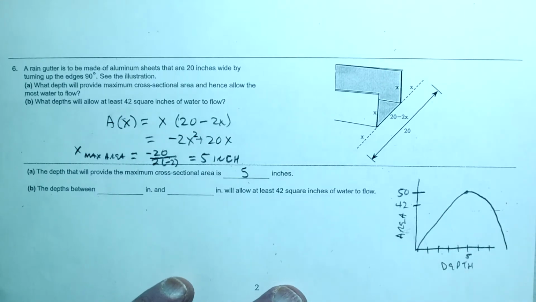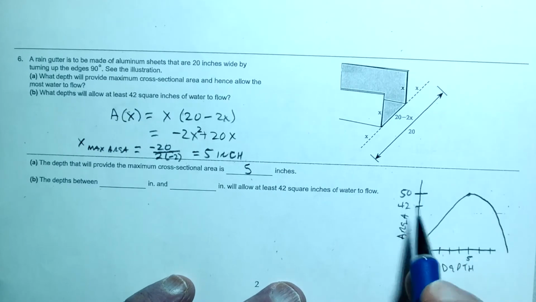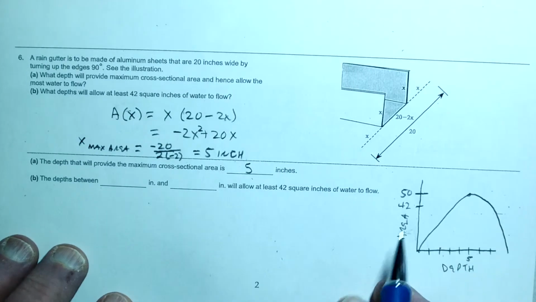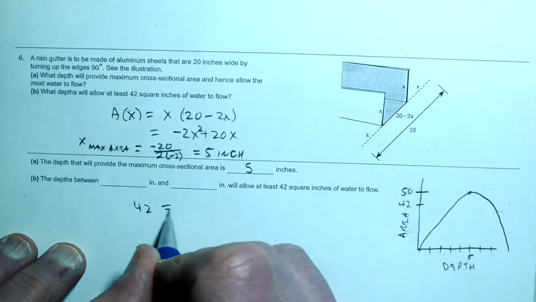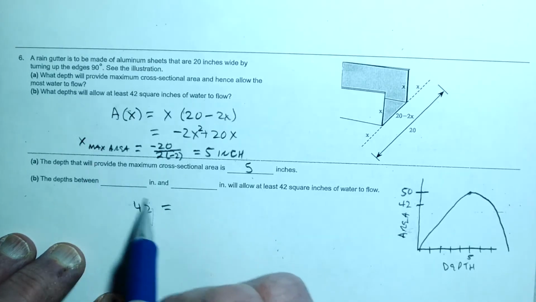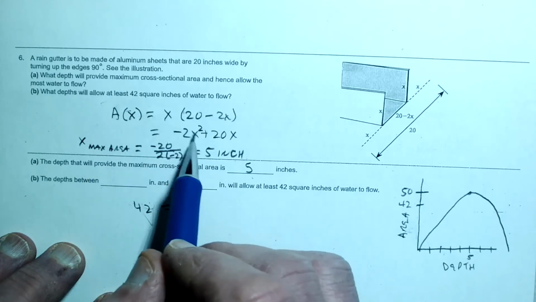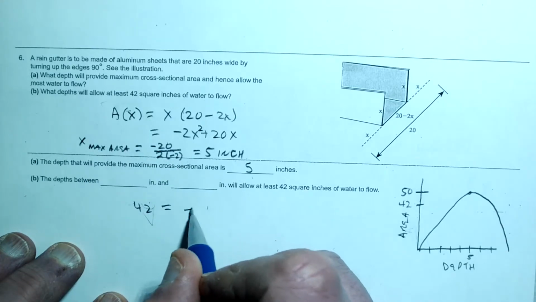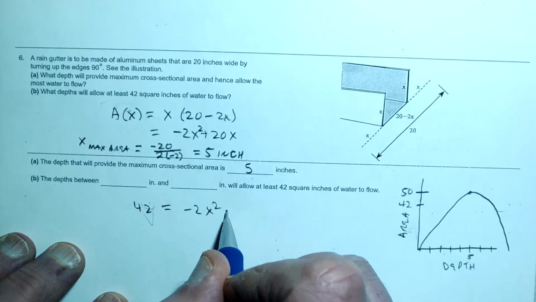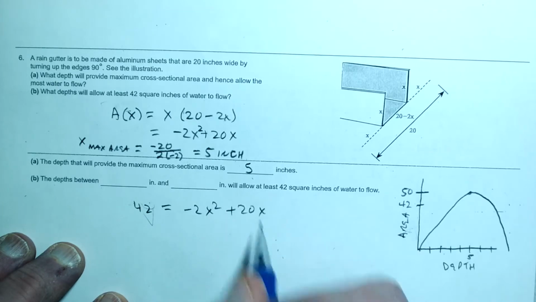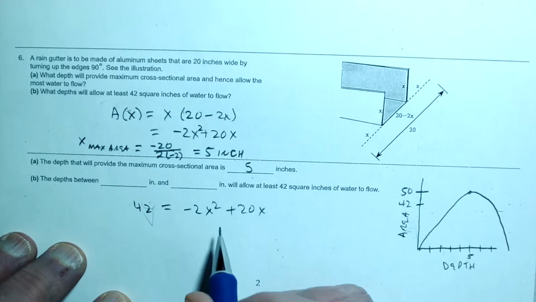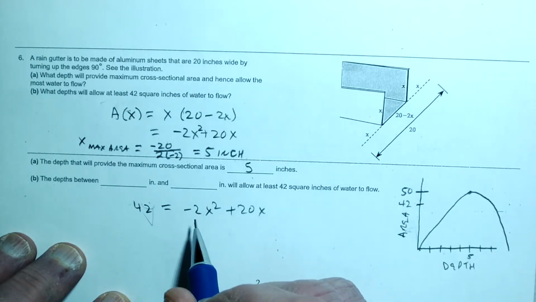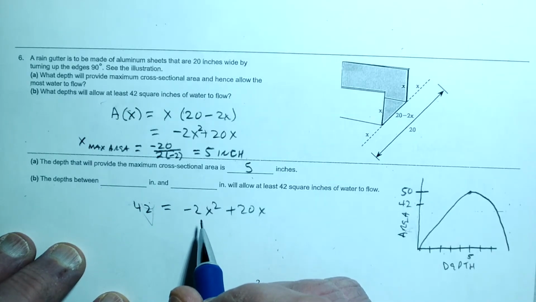Well, how are we going to do that? Since that's an output, I think we should set our function equal to 42 and solve that. So we'd have 42 is equal to, so that's A of x, negative 2x squared plus 20x, and we're going to solve this, right? Especially if I might try factoring on this, who knows, it might just factor.